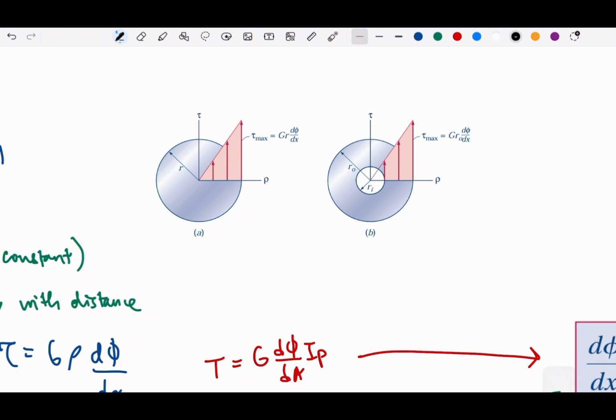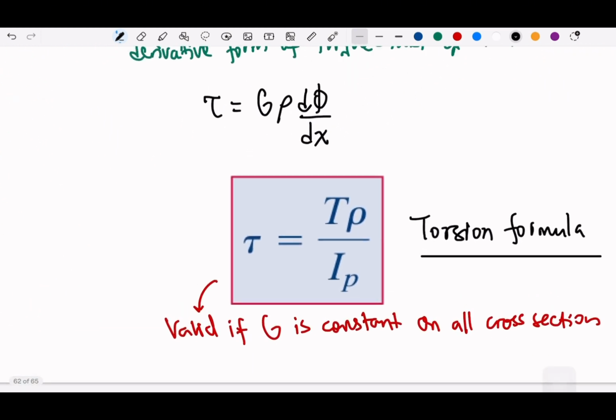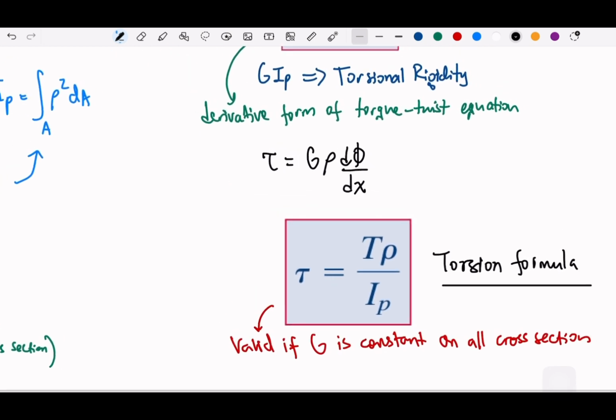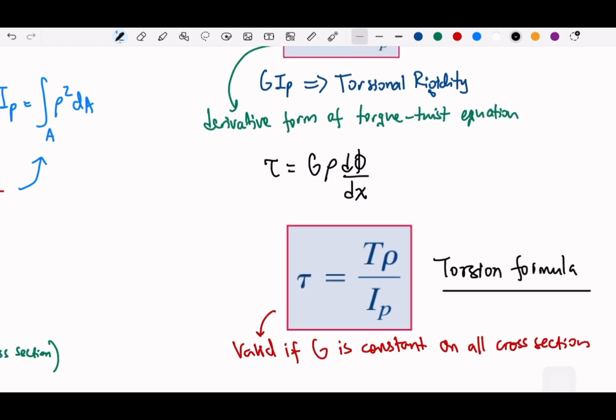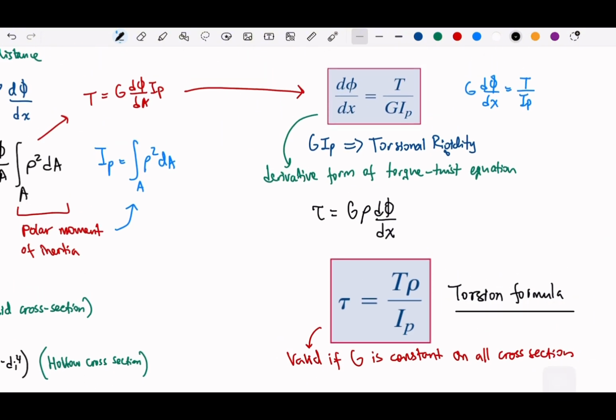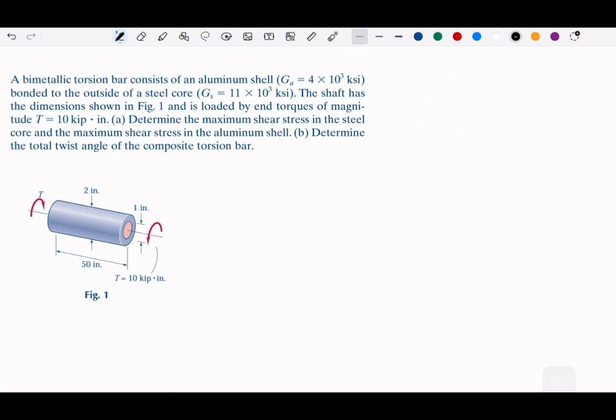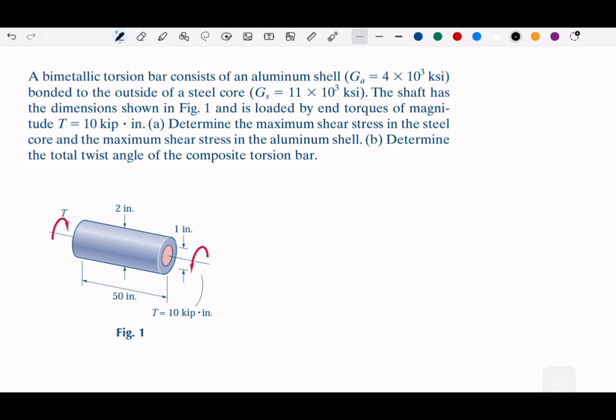Tau is T rho over the inertia. Okay, we can use this. Rho is the radius. Now let me give you an example. Suppose that we have a torsion bar.